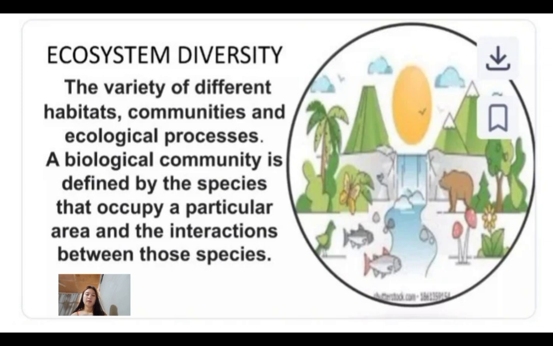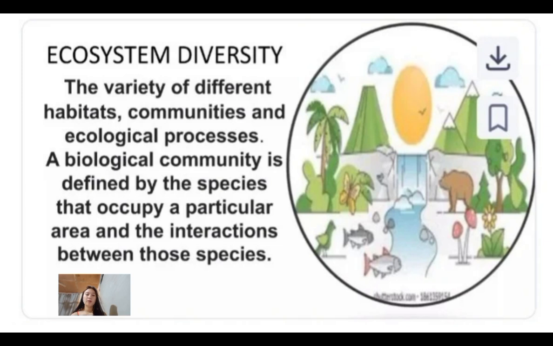Where all these species interact with each other and their environment in unique ways through processes like feeding, growing, reproducing, and breaking down waste, and this interaction forms biological communities, which are groups of species living in the same area and depending on one another to survive.